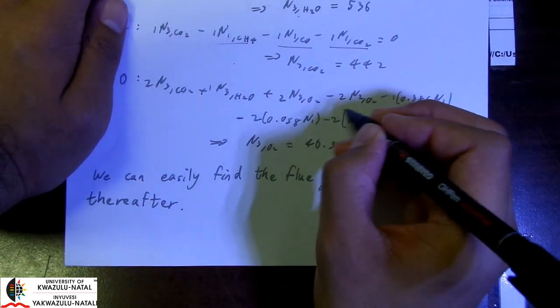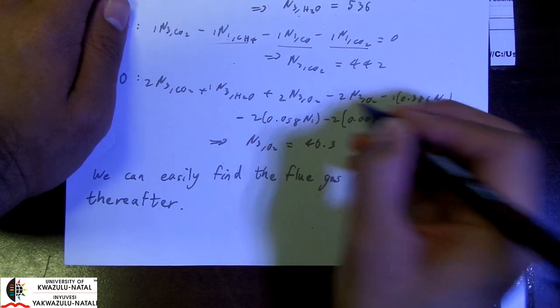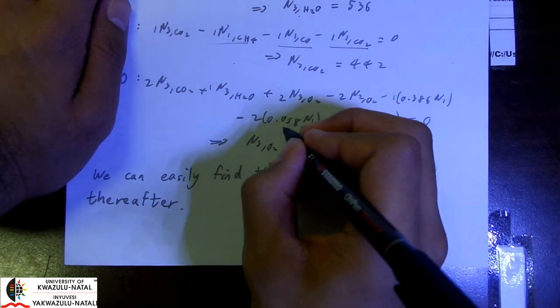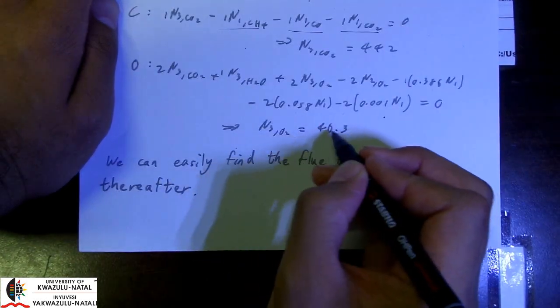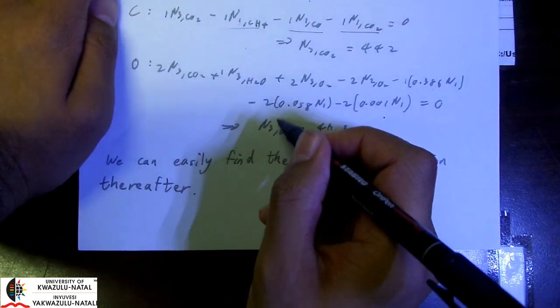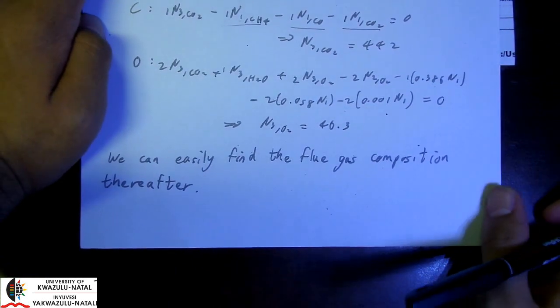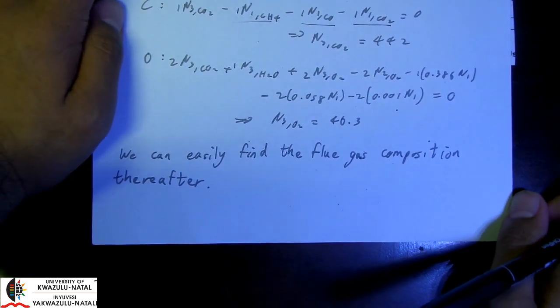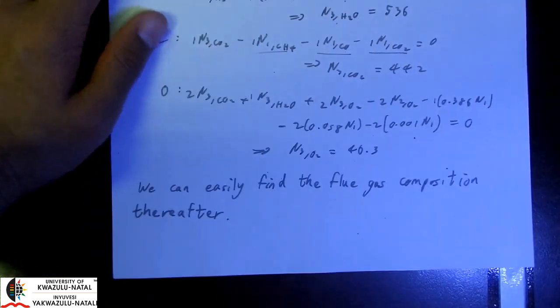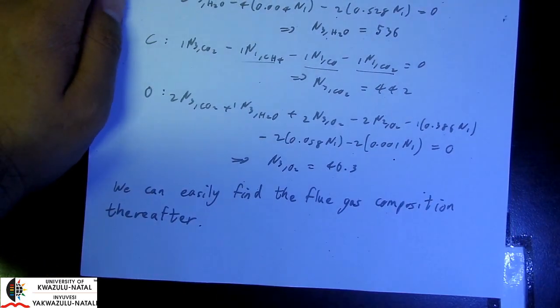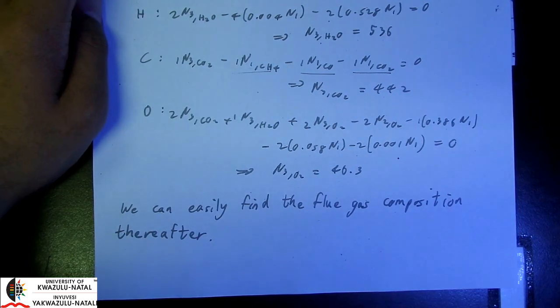Okay, so here is the subtracting of stream 2 and stream 1 components. And ultimately we can sequentially obtain our moles of oxygen gas in stream 3. Now that we have each of our flow rates, it's quite trivial to obtain our composition. Okay, and that's the problem solved.